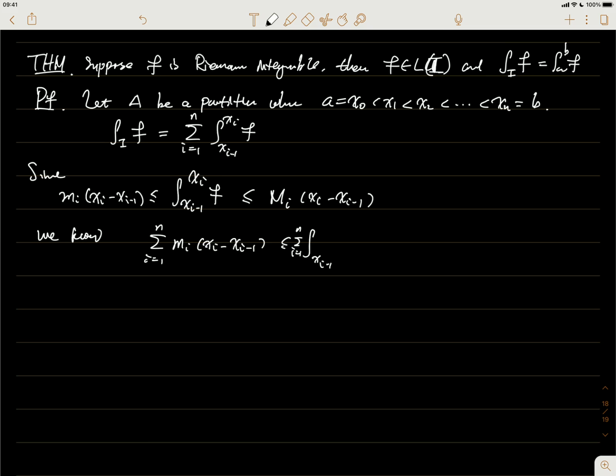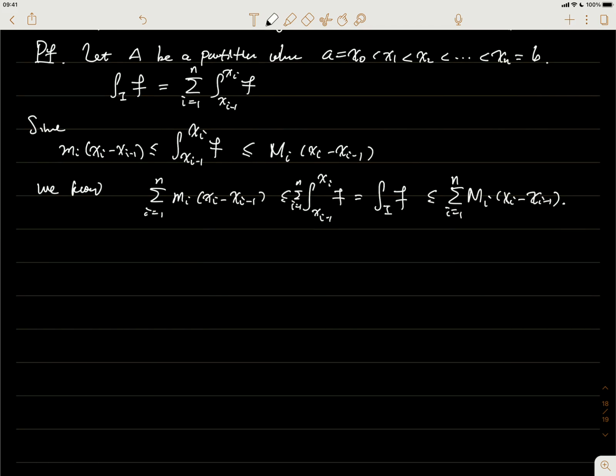Remember that previously we have shown that the sum of these integrals over the intervals is the Lebesgue integral of f, and it's bounded above by this upper sum. Okay, so we know this is true, and because f is Riemann integrable, we know the lower sum converges to the same limit as the upper sum.